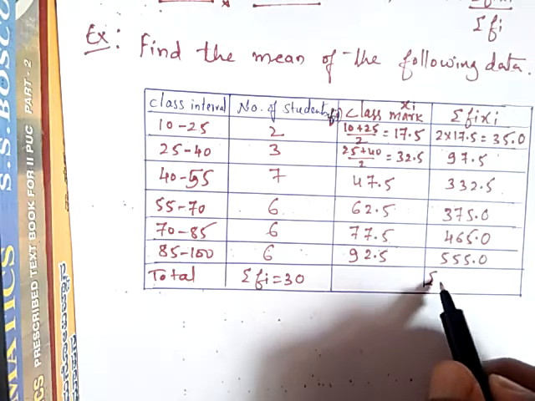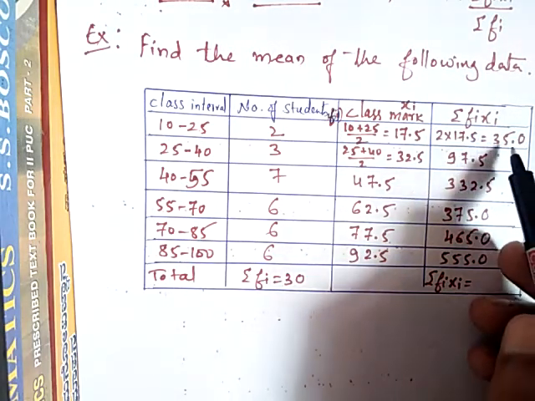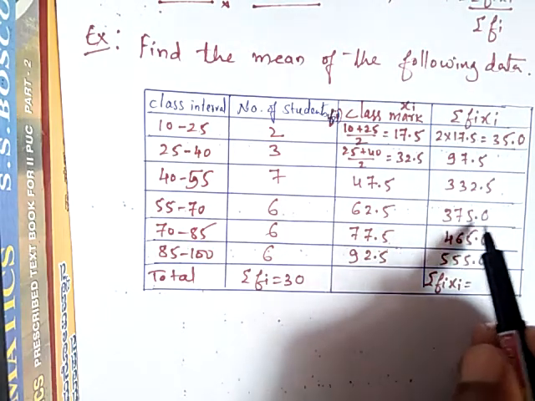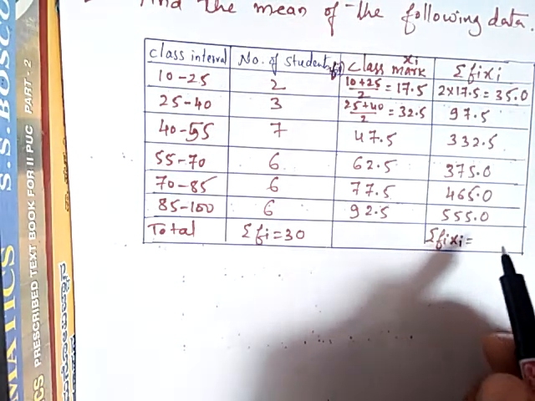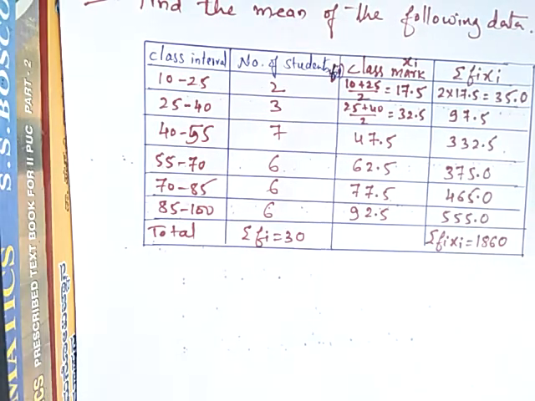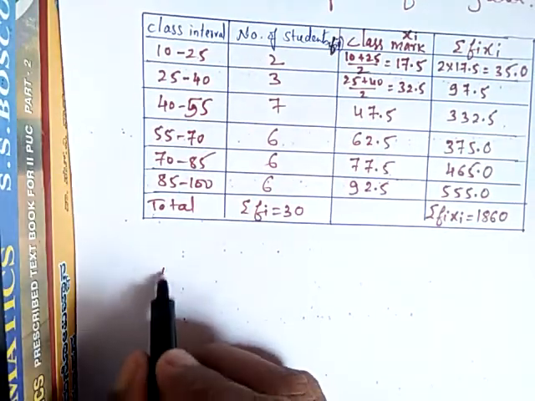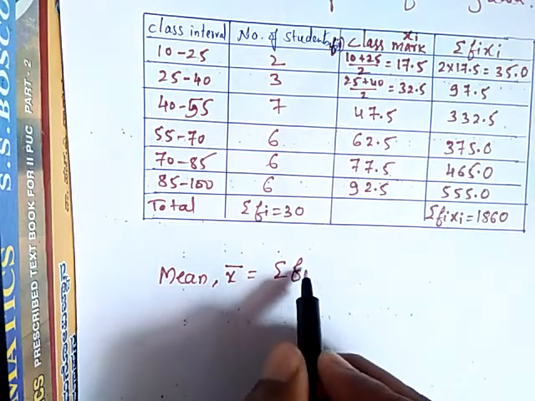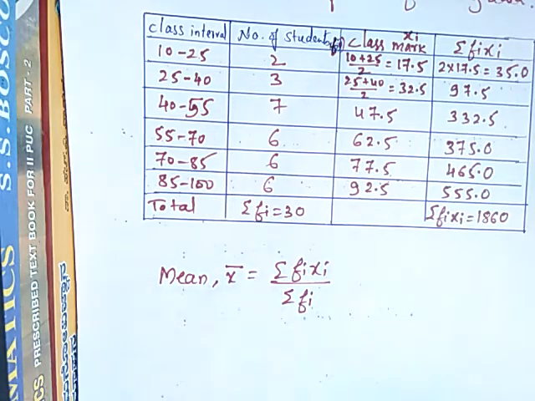Now summation fi xi is equal to the sum of all these: 35 plus 97.5 plus 332.5 plus 375 plus 465 plus 555, which gives 1860. We know the formula: the mean is denoted by x bar, which is equal to summation fi xi divided by summation fi.